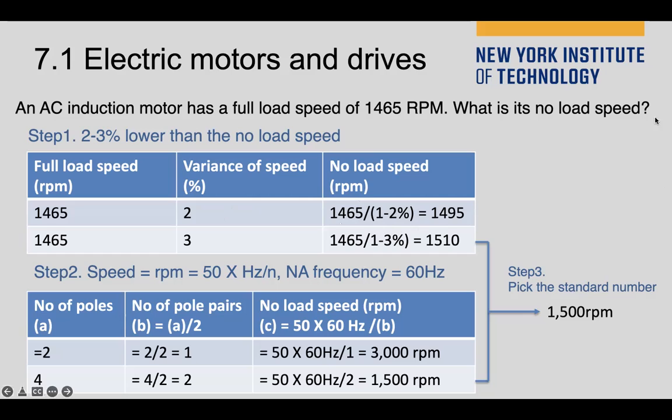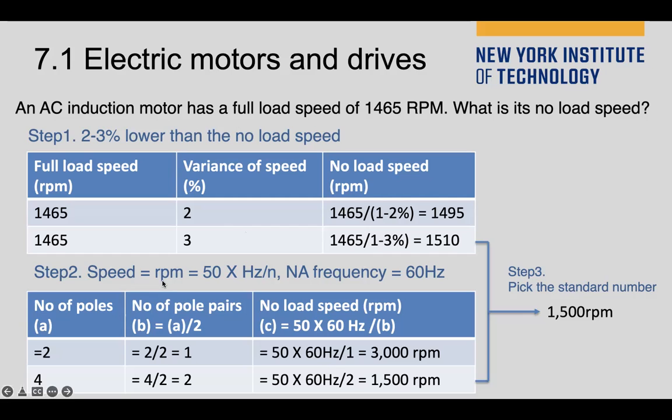But now we need to find out a number, a no load speed number. So what should we choose? 1,500 or 1,501 or 2 or 3? So we need to rely on the second idea, the equation between the speed, the number of pole pairs and the frequency.